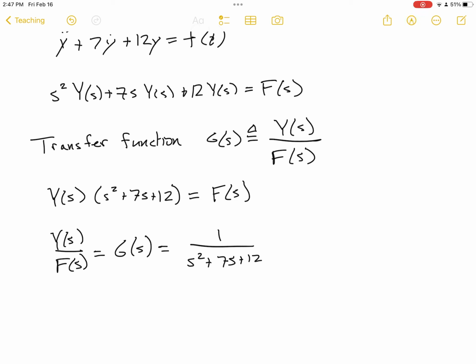And so with this transfer function, for one, the poles of the system are also the same as the poles of the transfer function, which are the values of s that make the denominator 0.